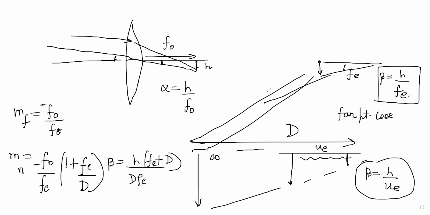Then there is a slight modification to the astronomical telescope, where we have a terrestrial telescope, right? So what is the difference? In a terrestrial telescope, you can put in a lens between objective and eyepiece.